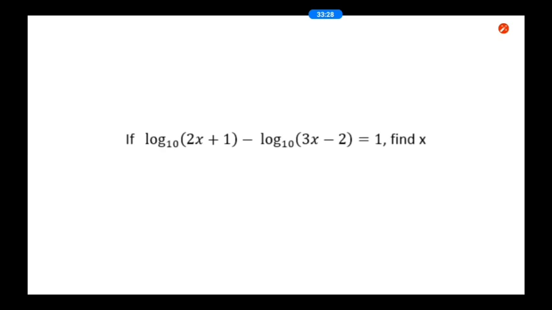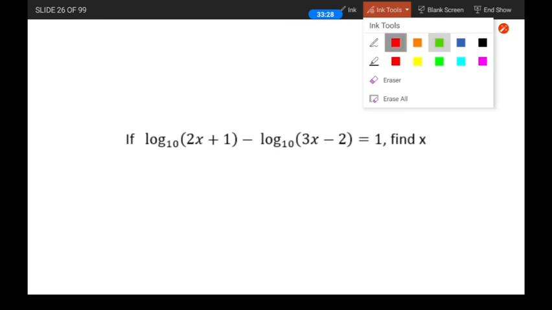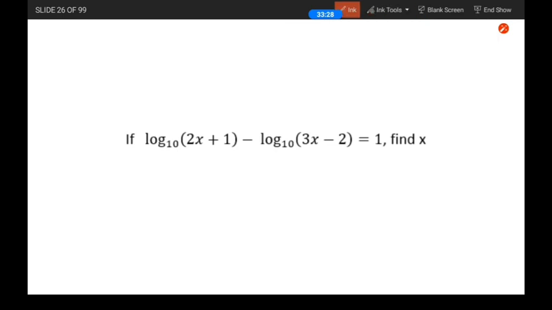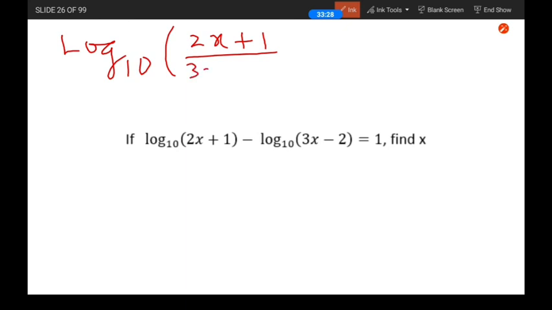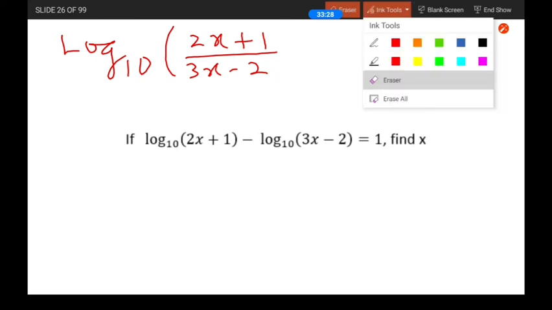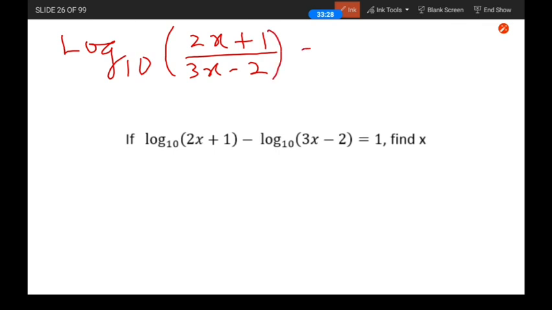Look at this. This one is also negative. So remember, when you have negative, these are WAEC questions, you divide. So we have log of 2x plus 1 over 3x minus 2 equals 1.